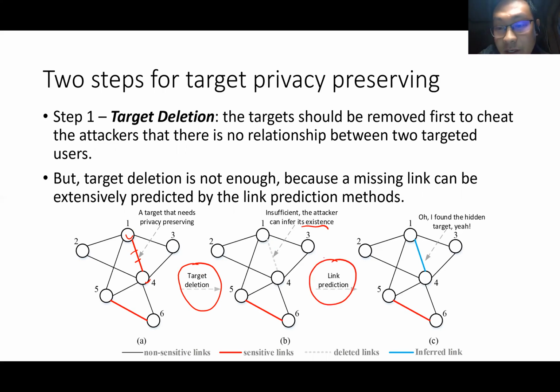In this work, we may use the common neighbor-based link prediction. There are 3 common neighbors for the node pair 1 and 4. The common neighbors are 2, 3, and 5. There is a high probability that there is a missing link between the node pair 1 and 4. So the attacker can easily infer the missing link.